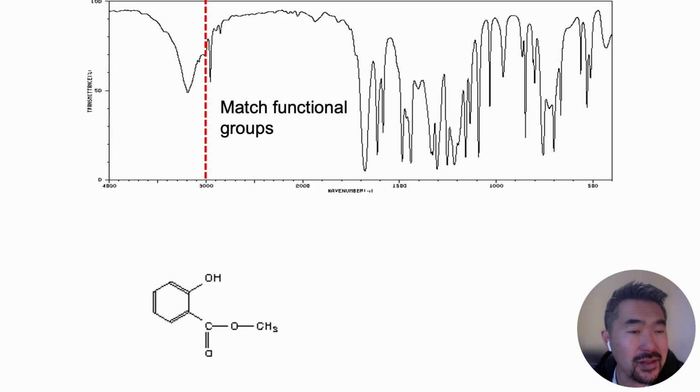And remember, one of the things you should do immediately when you interpret an IR spectrum is draw a sharp line at 3000 wave numbers. That's very useful for telling whether you have that sp3 CH stretch, which should appear right before 3000.